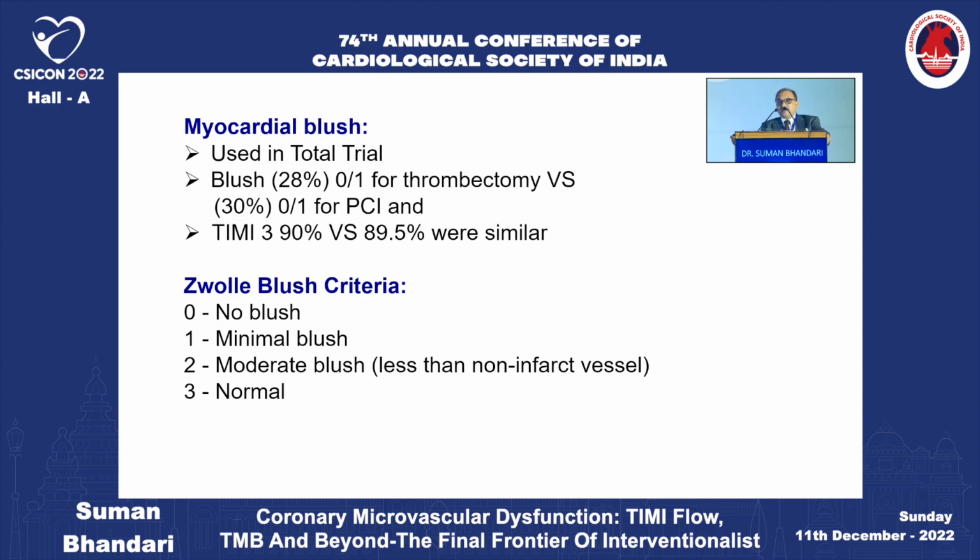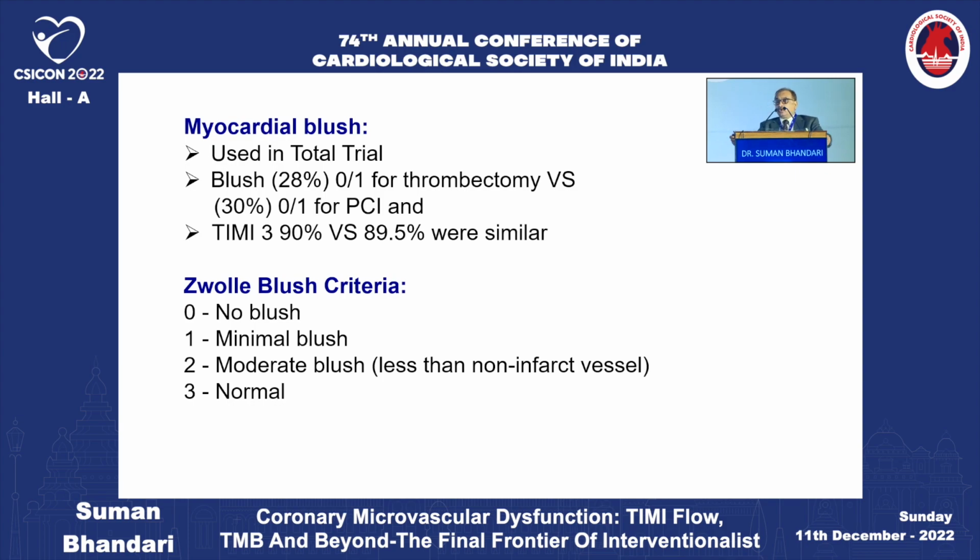So coming to the second way to assess microvascular dysfunction, it's to use the Rotterdam blush criteria. 0, there is no blush. 1, minimal blush. 2 is moderate, but less than the non-infarct vessel, and 3 is a normal blush.